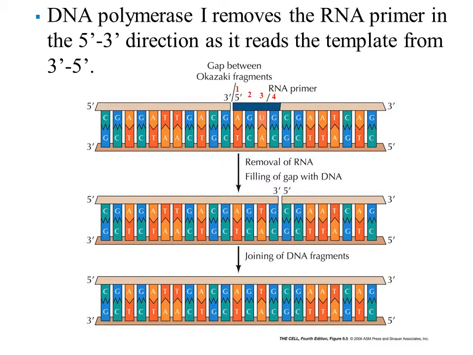I labeled it 1, 2, 3 to show you which nucleotide is removed first. That blue nucleotide 1 is removed first, and it's removed from 5 to 3 as DNA polymerase reads the bottom strand from 3 to 5.